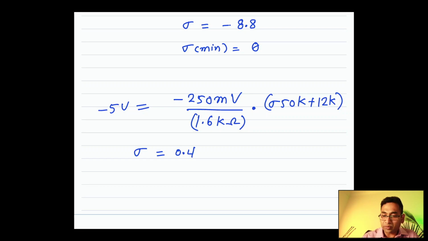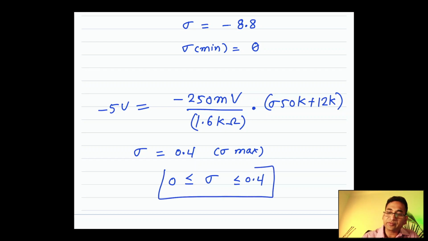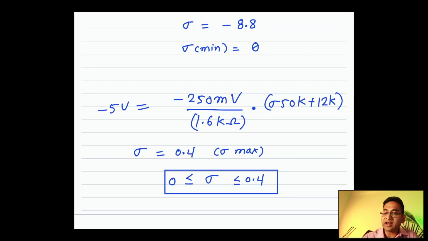Now the result is that this is the sigma maximum. As long as sigma is between 0 and 0.4, your op amp will not saturate. You may not be 100% sure on whether this result makes sense or not. Here is what I invite you to do.